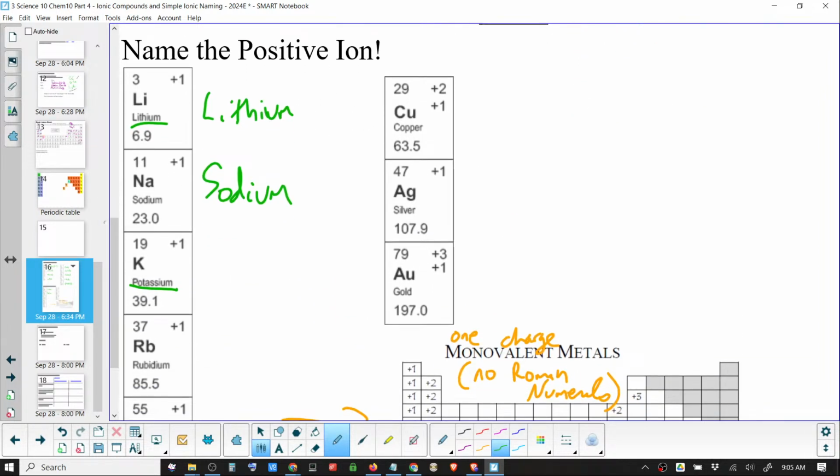But here, when we make the exception, is when we have something like copper. What would we call copper plus 2? Miyabi. No monoditris.